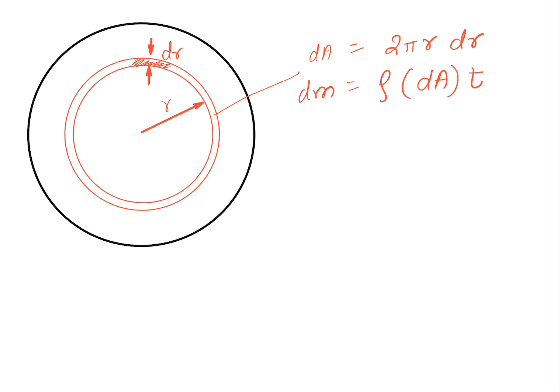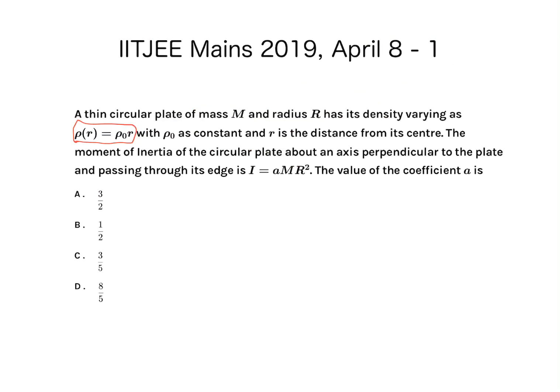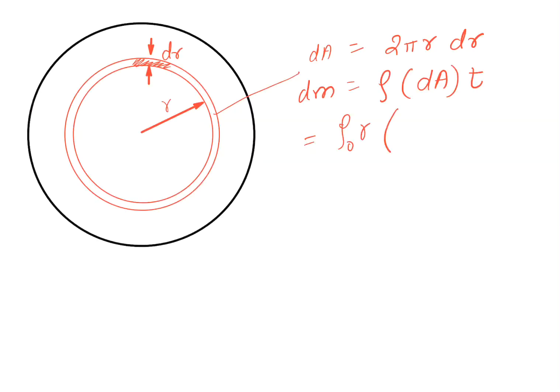Thickness of the disk is t. Rho is given in the question, rho naught r. dA is 2 pi r dr multiplied by thickness t. So I obtain dm is equal to 2 pi rho naught t r square dr. Okay, so we found dm.